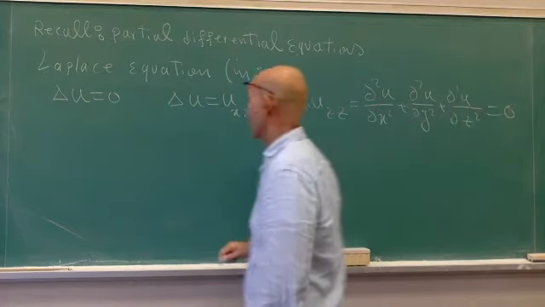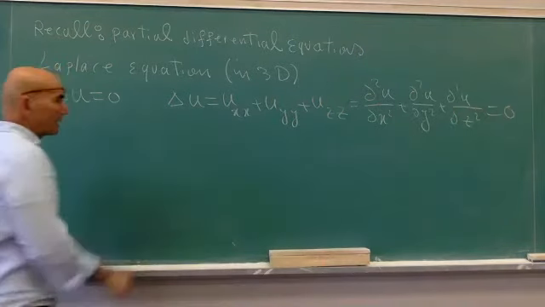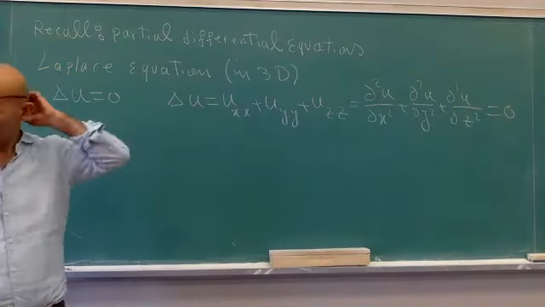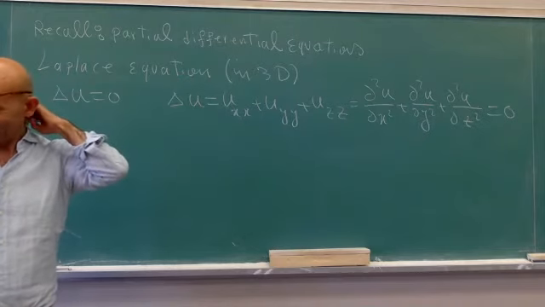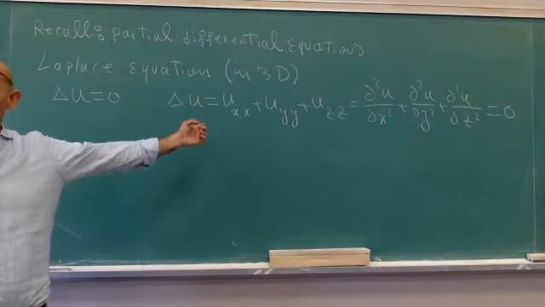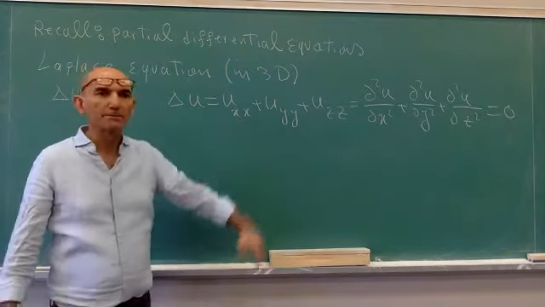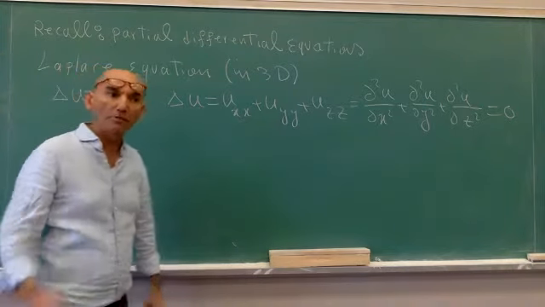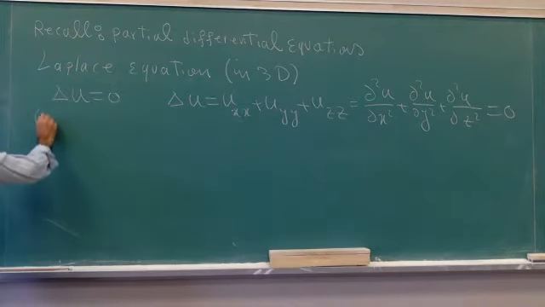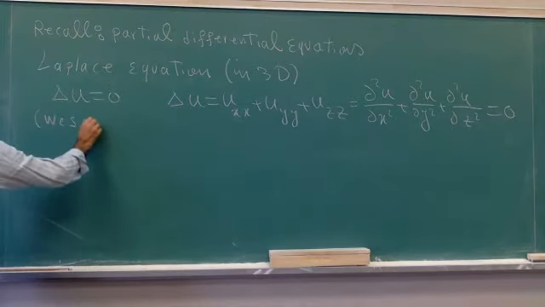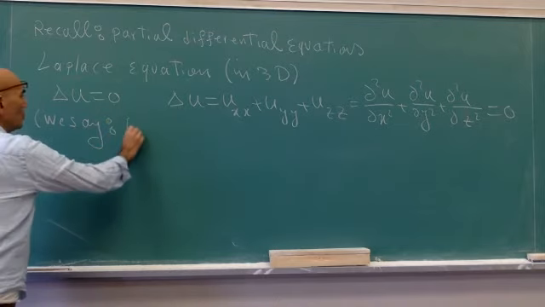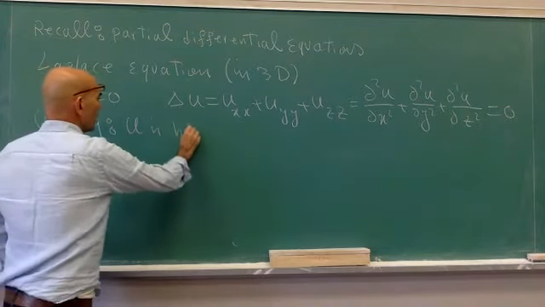This is the Laplace equation. And you remember what we call the solution of the Laplace equation? Such functions were called... you remember what we call those functions? Yes. Harmonic functions, exactly. So we say U is harmonic.